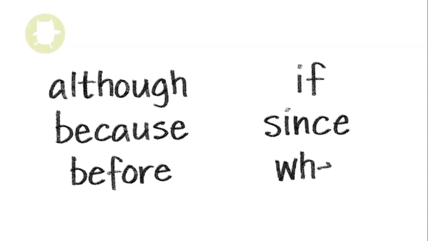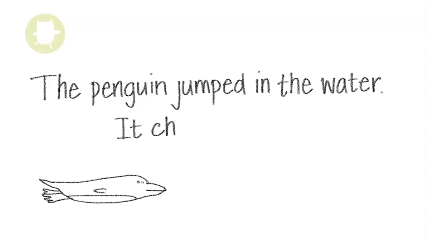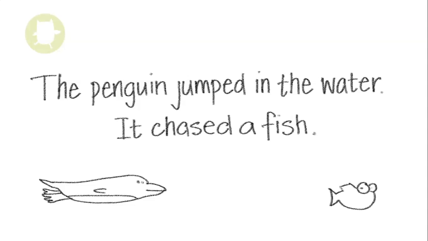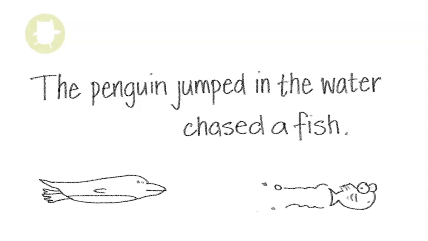A subordinate clause. A subordinate clause helps to give more meaning to the main clause. It cannot exist on its own, as it is not a complete sentence. A subordinate clause often starts with a subordinating conjunction, such as although, because, before, if, since, or when. The penguin jumped in the water. It chased a fish. The penguin jumped in the water before it chased a fish.